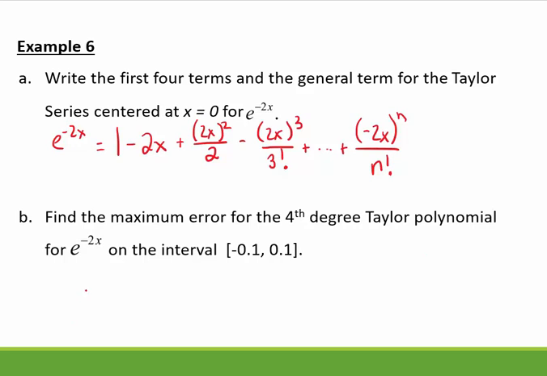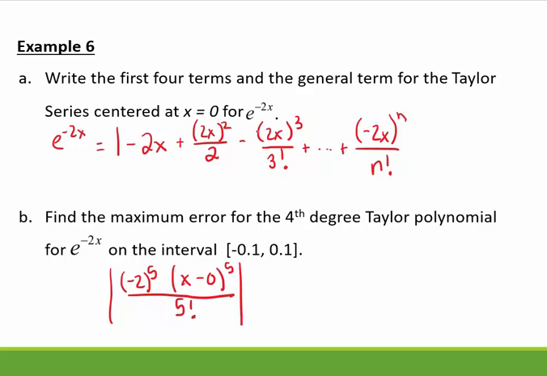The value of the 5th term: highest value of the derivative, x minus 0 to the 5th, all over 5 factorial. Now, where did I get that?